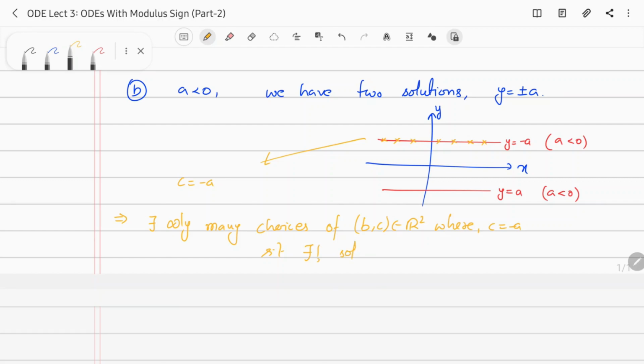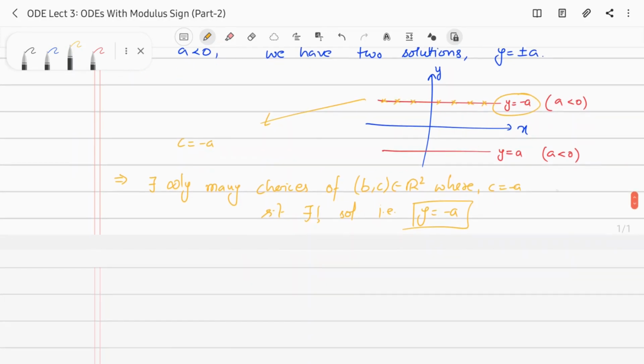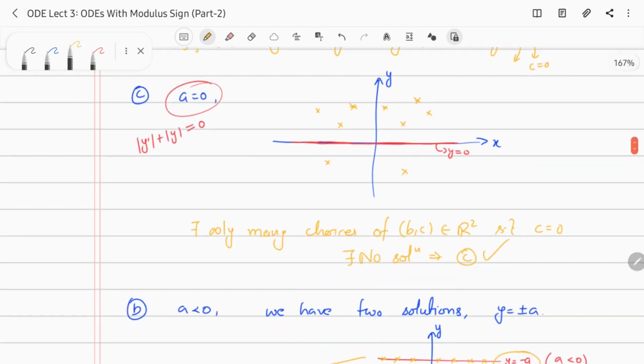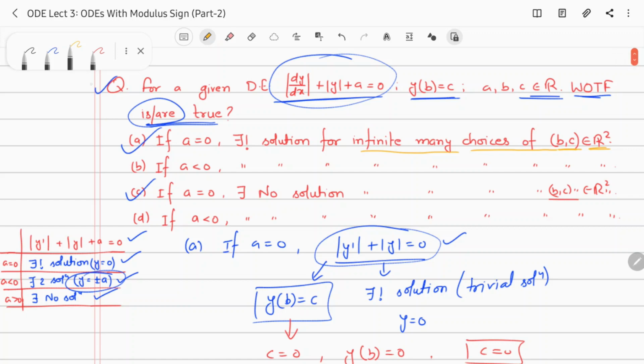See what I'm saying: for C equal to minus A, there exists a unique solution. What is that solution? y equal to minus A, right? This is the unique solution for C equal to minus A, because the initial condition and the differential equation both should be satisfied at the same time, right? So in that case I will say that option B is also correct.